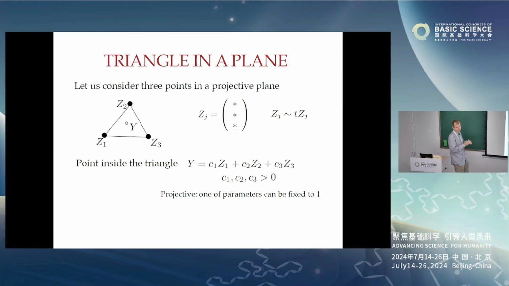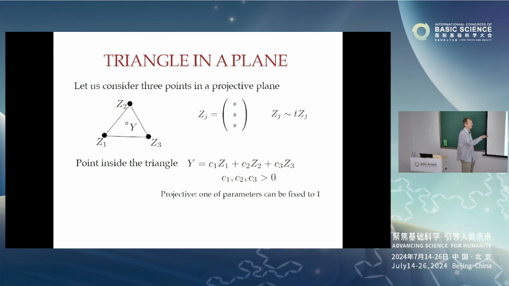This is a toy model, so it doesn't actually correspond to any real scattering. And the point inside this triangle can be described as a linear combination of these points z. In order to put the point inside and not outside, the coefficients in front of z1, z2, and z3 must be positive. So if they are all positive, the point y is inside.